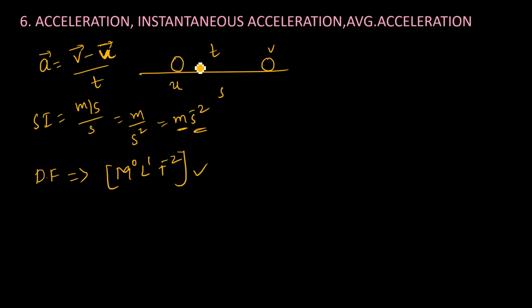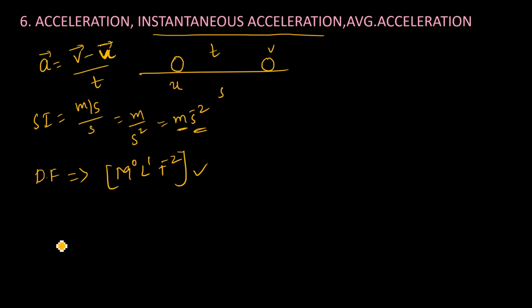Now we'll discuss about instantaneous acceleration. What is the instantaneous acceleration? Acceleration at that particular instant. Everything you see, either speed, velocity, acceleration, instantaneous is the one term that's common in all the points.